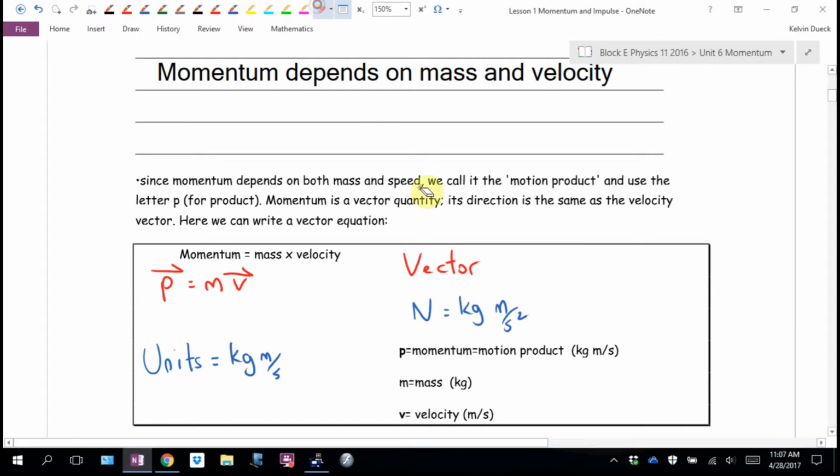Believe it or not, there is an international committee that decides these things. They are talking about renaming this an Einstein. It hasn't been done yet, but he doesn't have a unit named after him, and there is sentiment that suggests that he should. And since this has some speed in it, it'd be a good one to name after him. So in your lifetime, you may say that momentum is measured in Einsteins. I don't know. It hasn't happened yet, but they're talking about it. That's a little nerd trivia. I'm not going to ask you that on the test, which is why I said don't write that down.